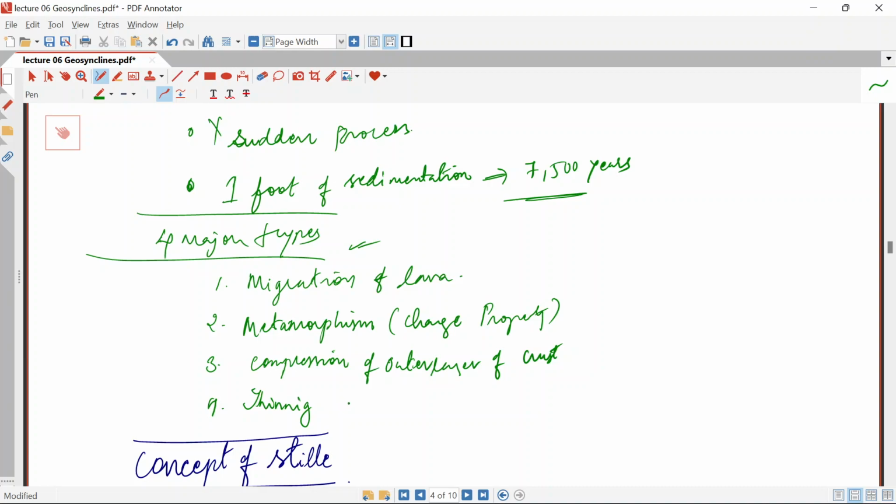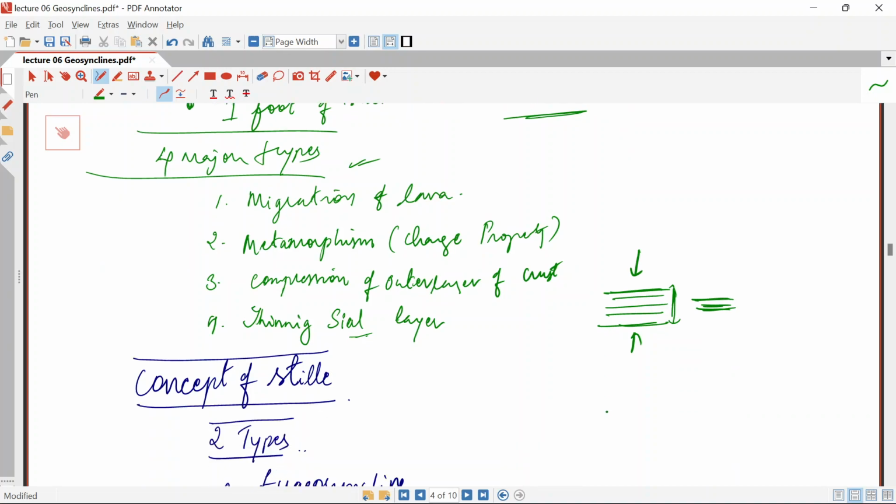The sial layer is the silicon and aluminum layer. Thinning means the layer becomes thin. That means it is compressed from both the sides, and from this stage it reaches this stage. So this is what thinning is, thinning of the sial layer.